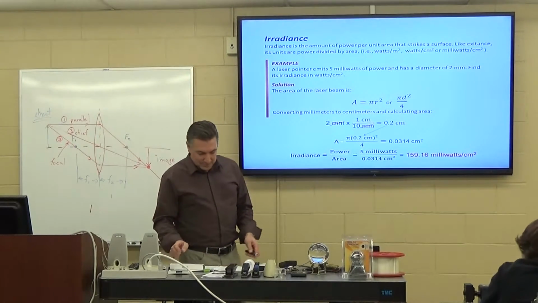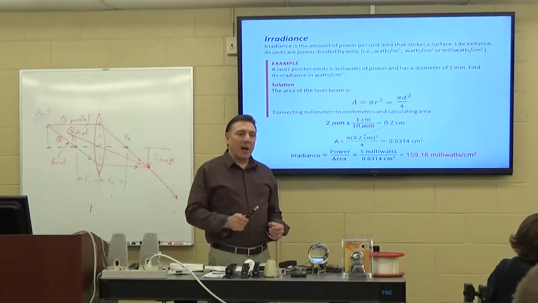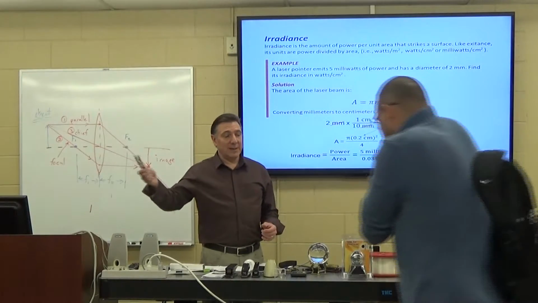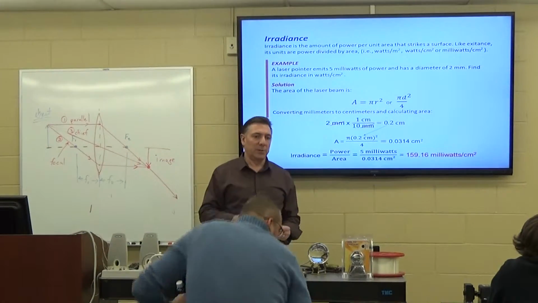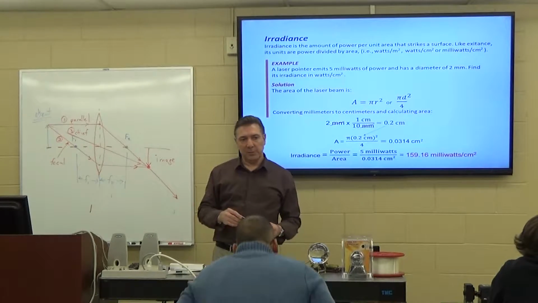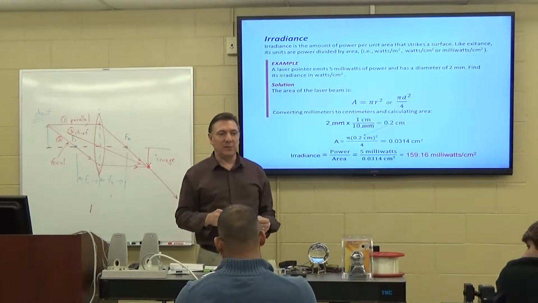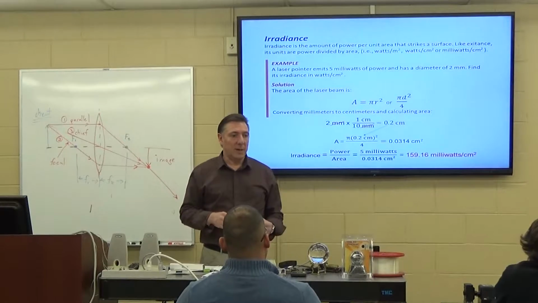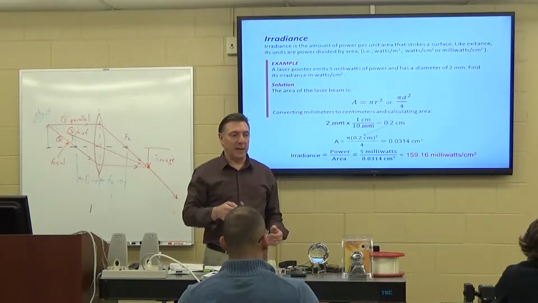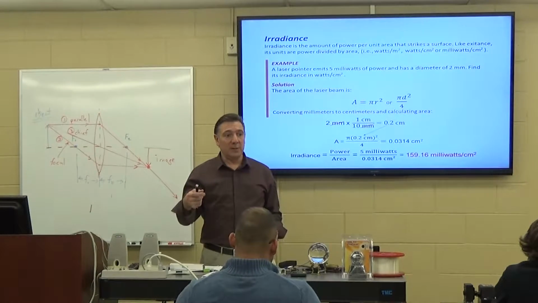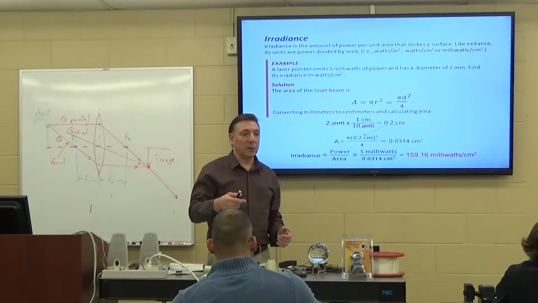Well, the human eye, as we will learn next week, has a maximum permissible exposure. Again, we'll go over this next week, but the maximum permissible exposure is based on a quarter-second blink response. If a laser beam hits an eye, your natural response is to blink and turn away in a quarter second.